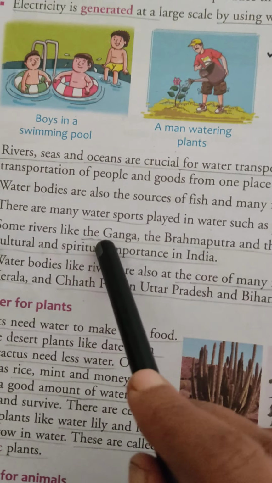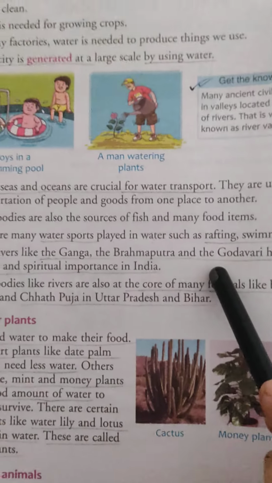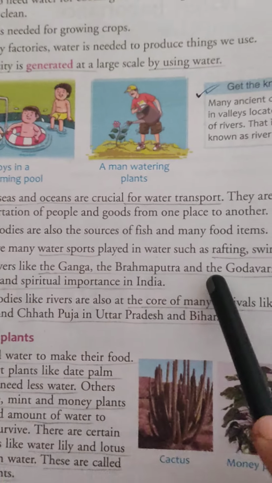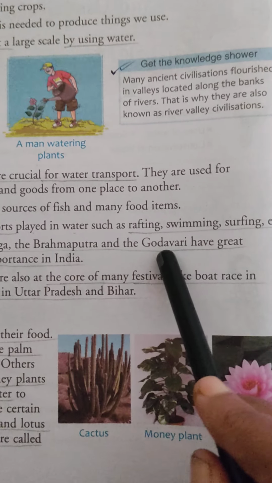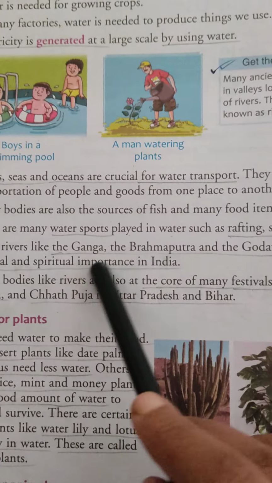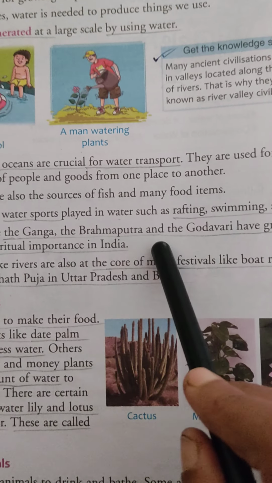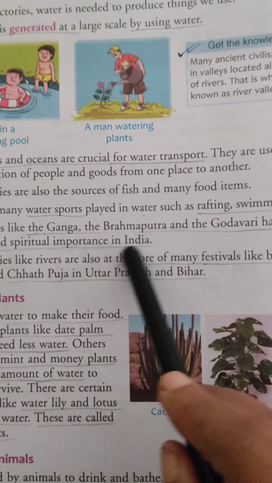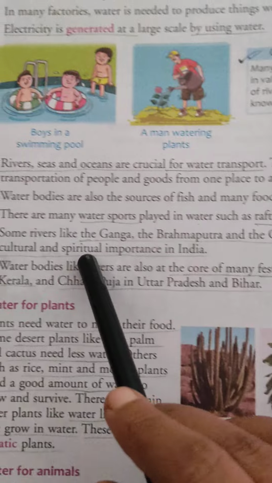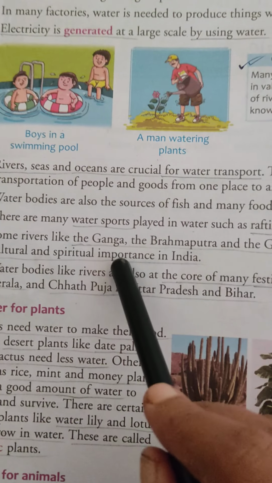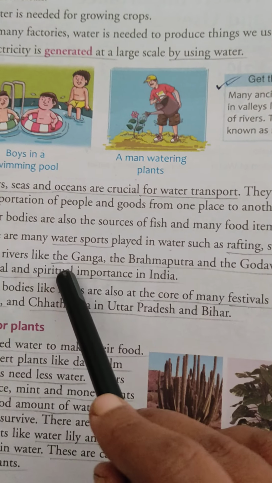Some rivers like the Ganga, the Brahmaputra and the Godavari are sacred rivers, means people very much revere these rivers. Some people in India believe that these are goddess rivers. These rivers have spiritual importance, you can say god related.